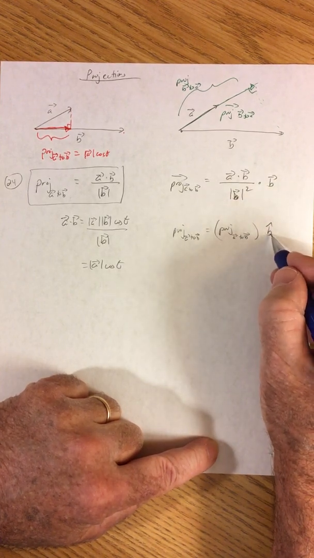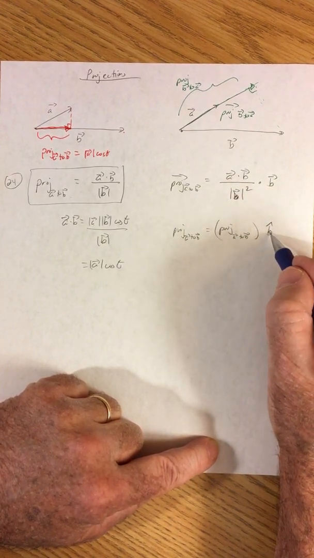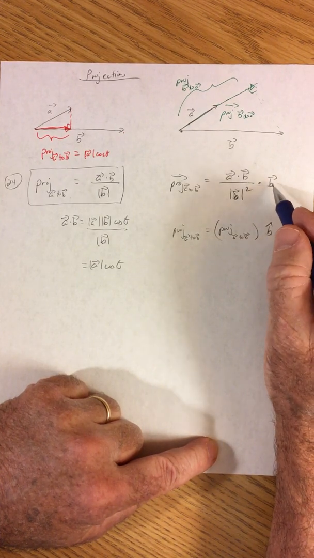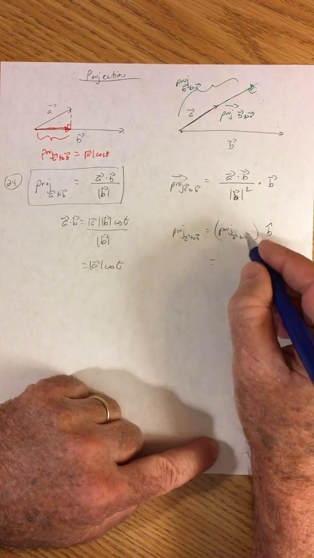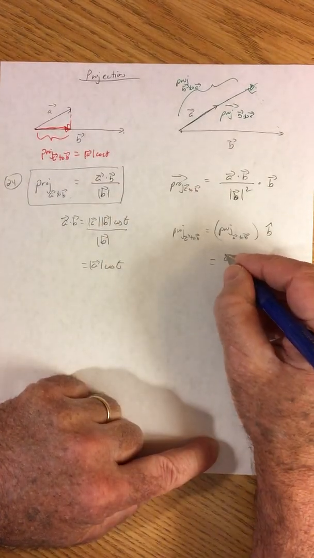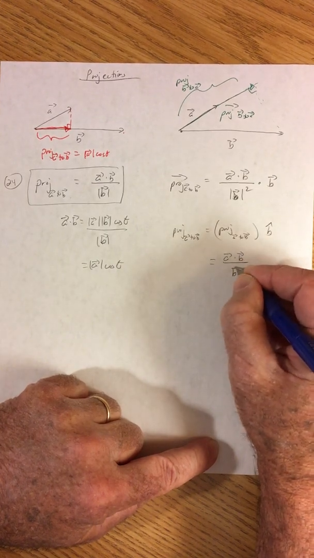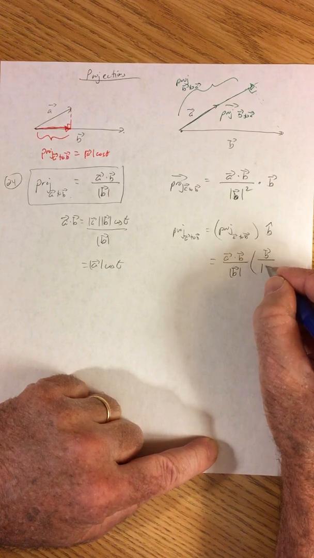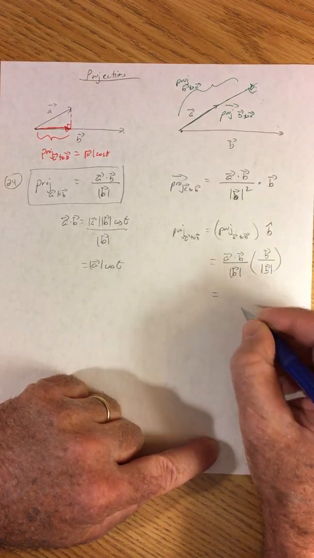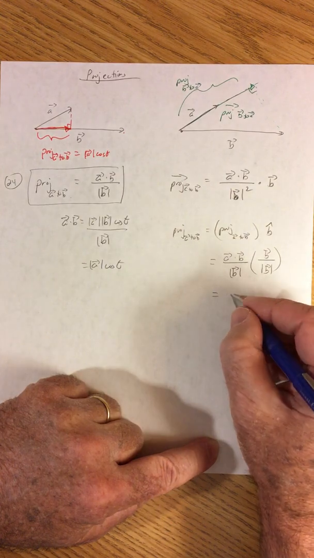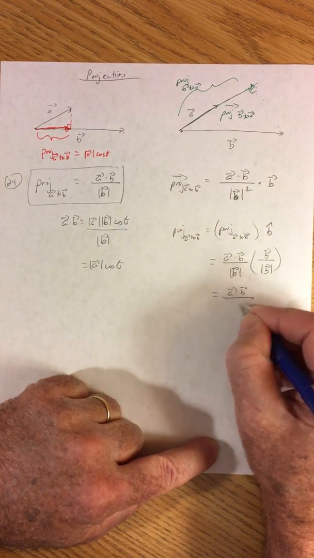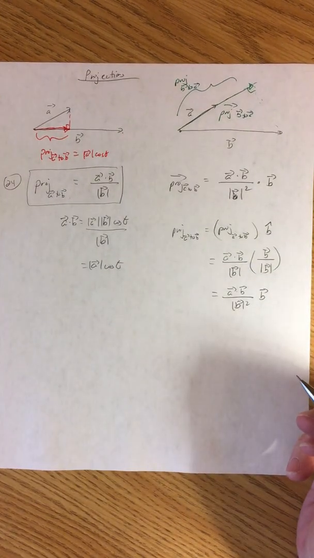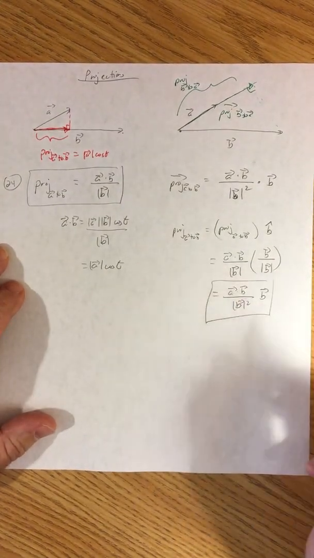They use U, but I use B hat, a unit vector in the direction of B. The scalar projection is A dot B over magnitude B, and B hat is vector B divided by its own magnitude. So that's where the formula comes from: A dot B over magnitude B squared times vector B.